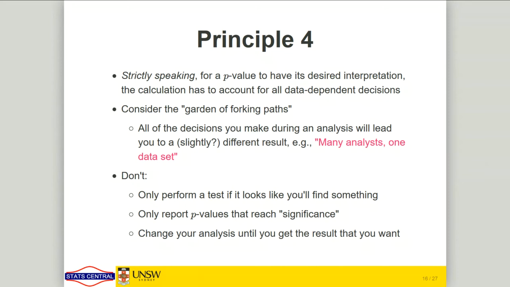That's what led to that paper saying that over half of research findings are false. And don't change your analysis until you get the result that you want. Don't try lots of different ways of doing it until you get something nice. Some people call that p-hacking, and that's definitely a no.